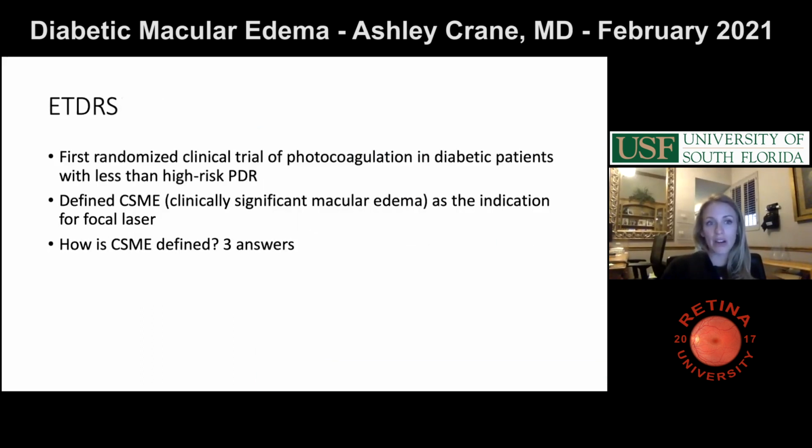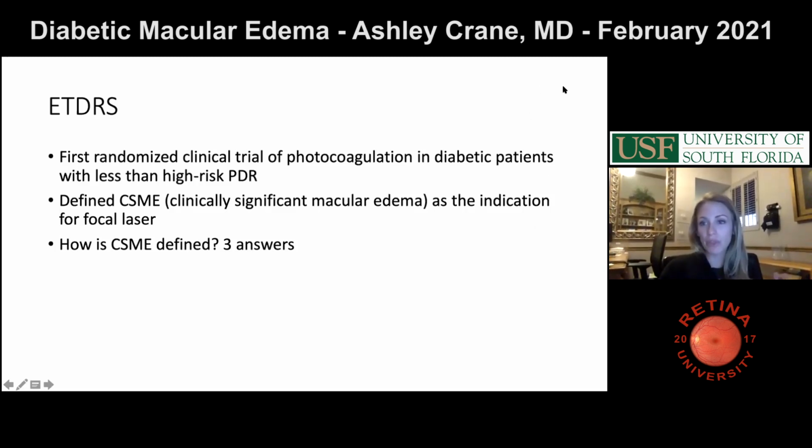The ETDRS has a lot of studies that are touched on briefly in the textbook, so we're just going to go through the key points the BCSC hits on. The ETDRS was the first randomized clinical trial of photocoagulation in diabetic patients with less than high-risk PDR, and it defined CSME as the indication for focal laser.